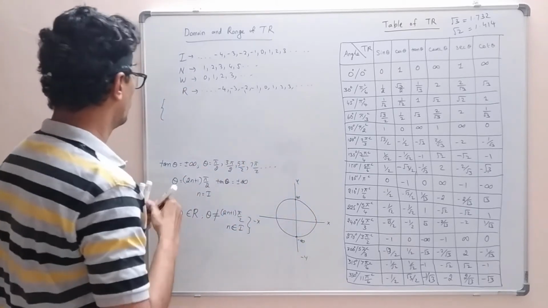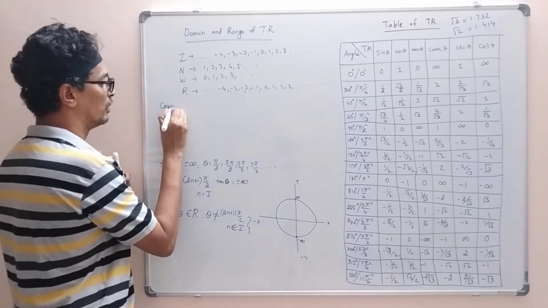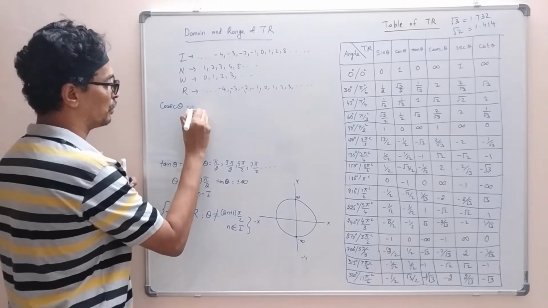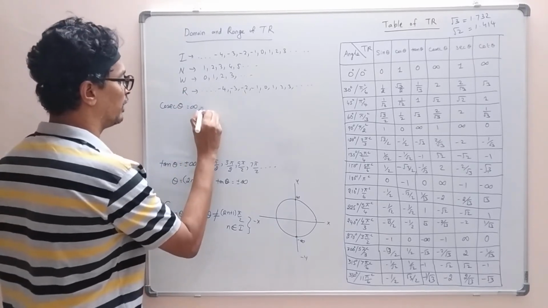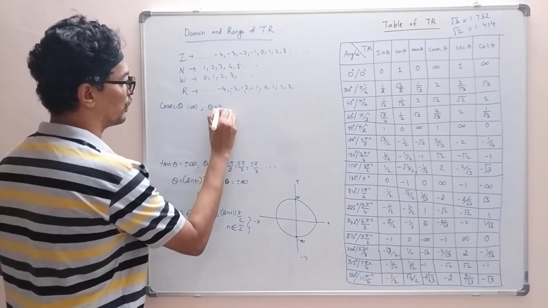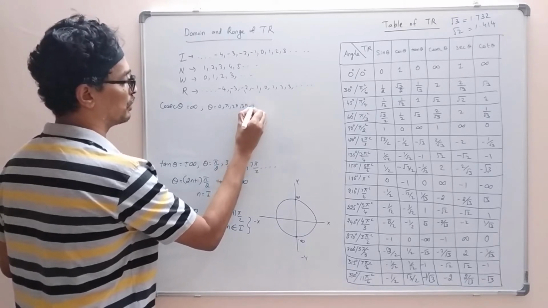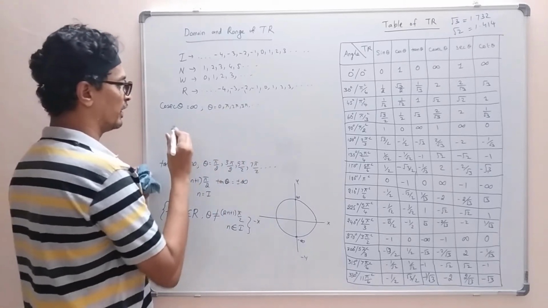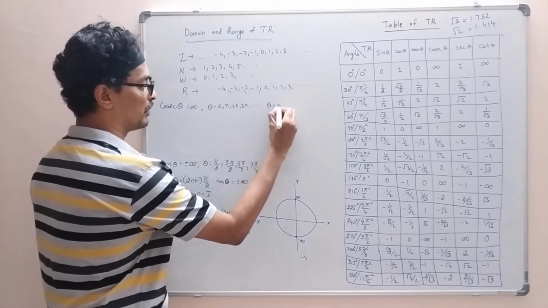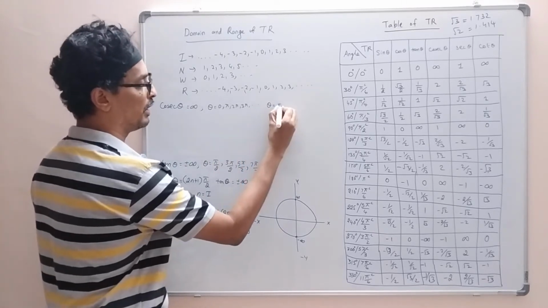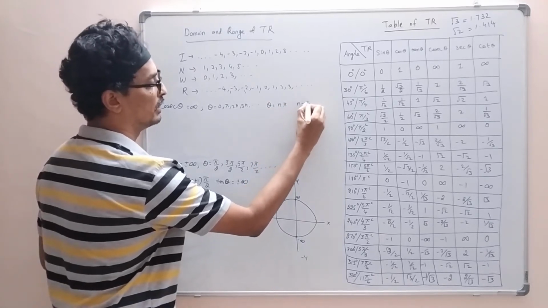So cosec theta is equal to infinity when theta is equal to 0, pi, 2 pi, 3 pi, and so on. Or we can write, when theta is equal to n pi, and n is an integer.